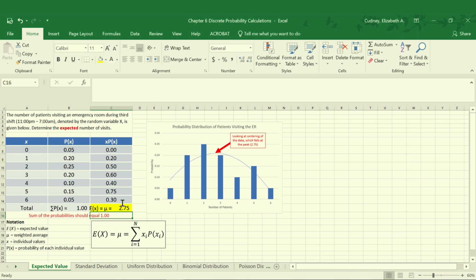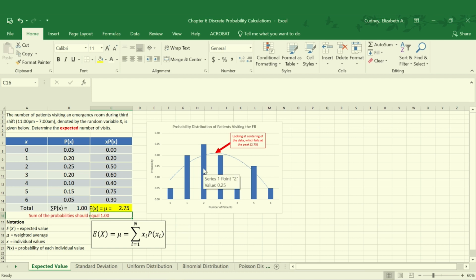While I have my expected value at 2.75, I also have quite a bit of spread of data. Given the situation, and this being an ER, I would want to understand the business consequences of if I staffed only enough to cover 2.75 patients, even though I have that much variability.